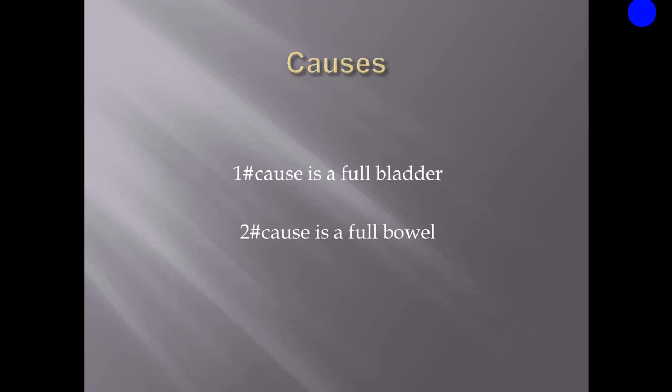The causes of autonomic dysreflexia: the number one cause is a full bladder. The number two cause is a full bowel. The full bladder and full bowel act as noxious stimuli to the autonomic nervous system, and a painful situation occurs in spinal cord injury patients.